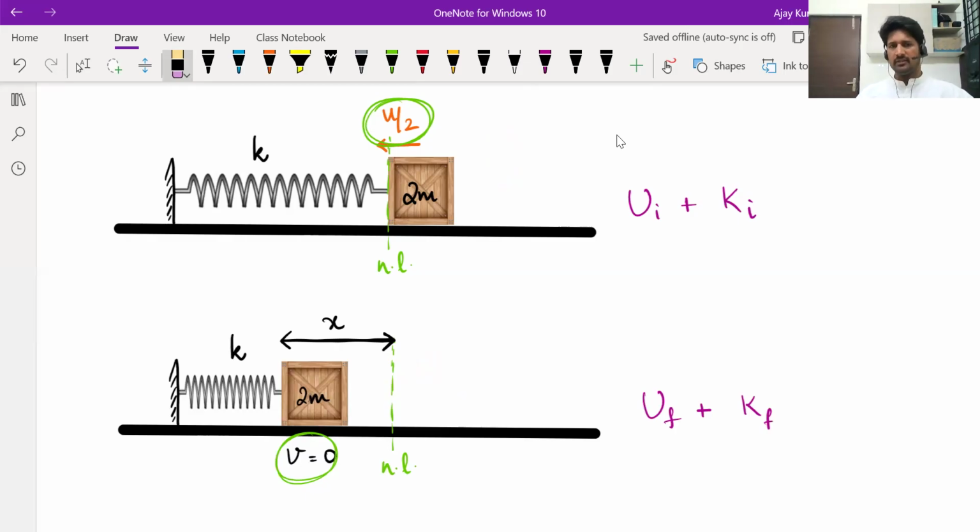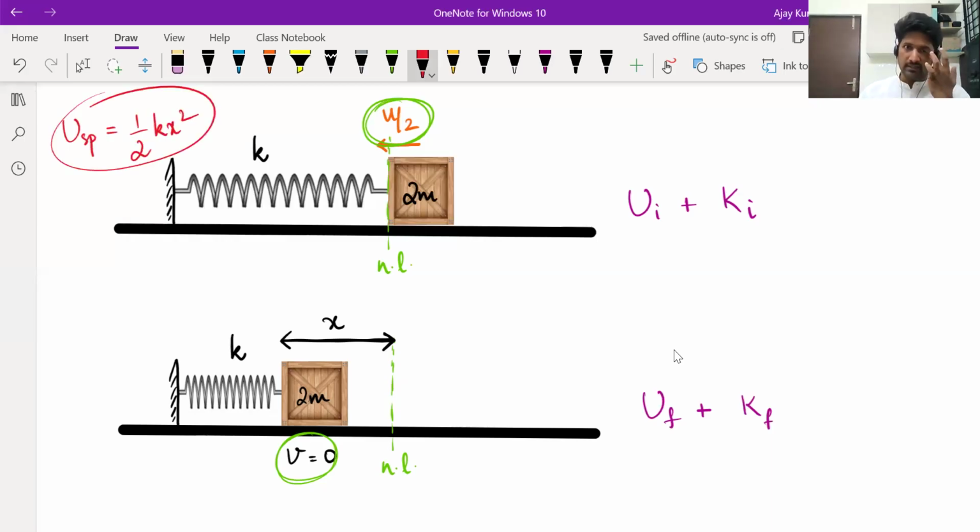Rishi, tell me the formula for spring's potential energy. Sir, is it Kx? Kx is spring force. Okay, Aishwarya, what is the formula for potential energy stored in a spring? Sir, half Kx square. Okay, fine. Use this and tell me how much is the initial potential energy in the spring when it's neither compressed nor elongated.